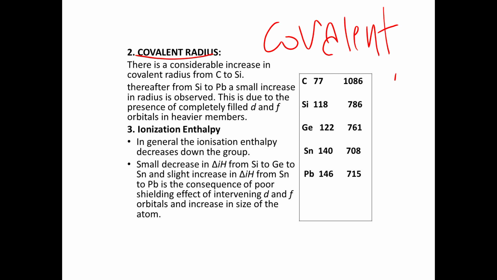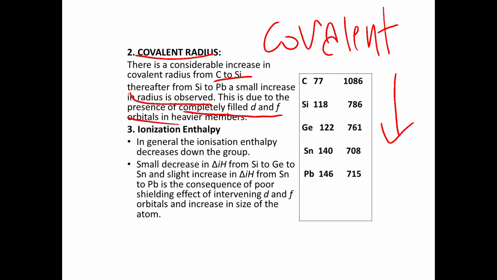We know while moving down the group, atomic radius or covalent radius increases. From carbon to silicon, there is an increase. From silicon to lead, a small increase can be observed. This is due to the presence of comparatively filled d and f orbitals in the heavier members.